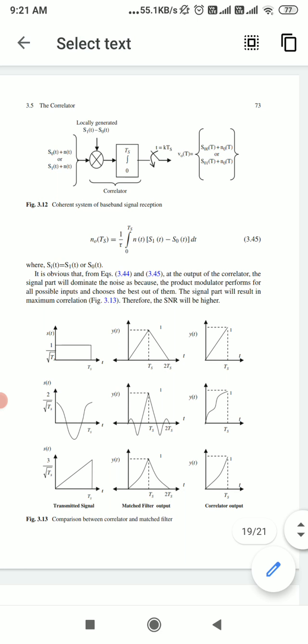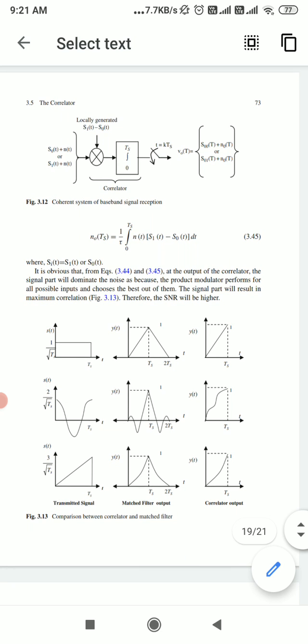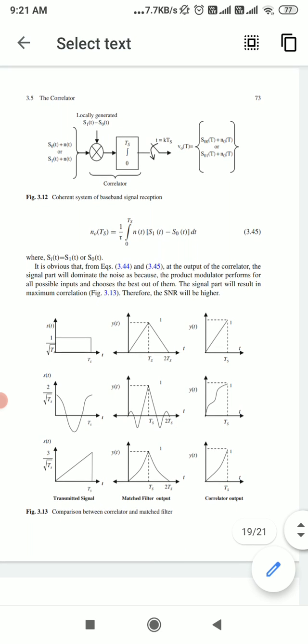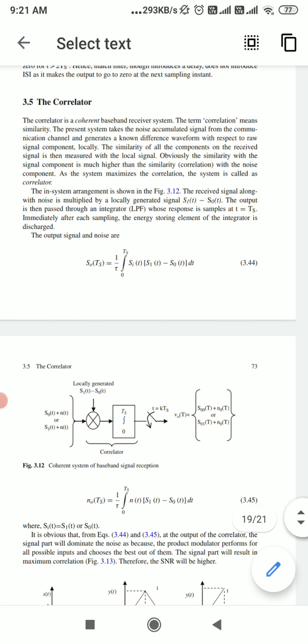The output of the multiplier is passed through the integrator, whose output is sampled at t equal to Ts, and you get the output signal in the form of signal output and noise. If you compare the output for the correlator and the match filter, you will get the same equations for both.